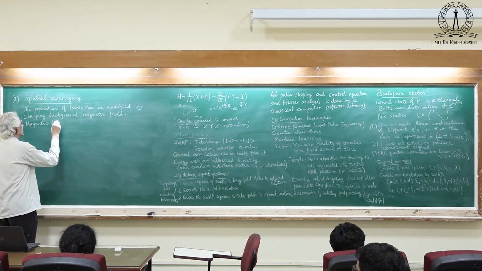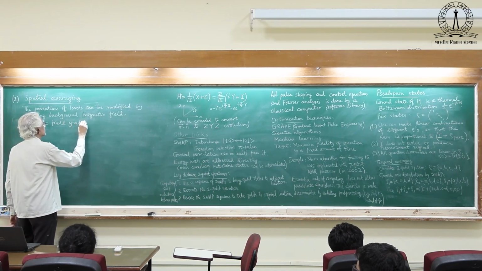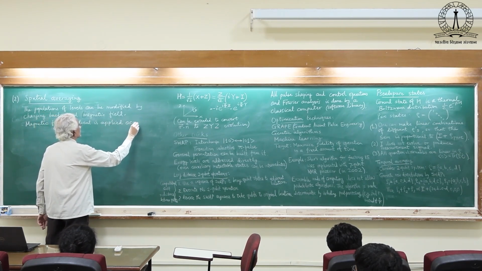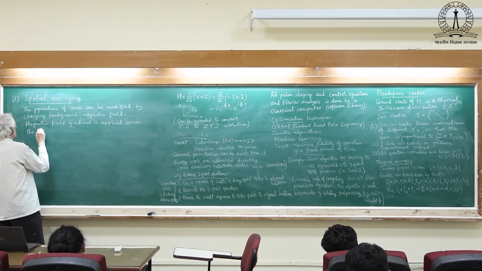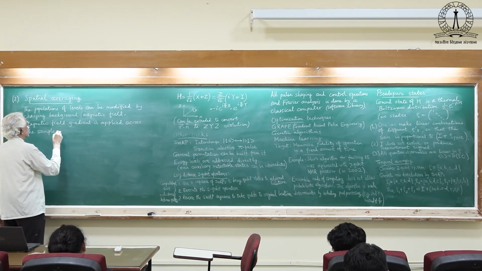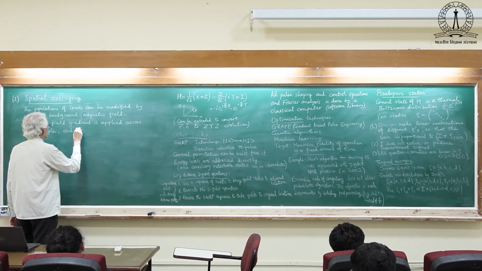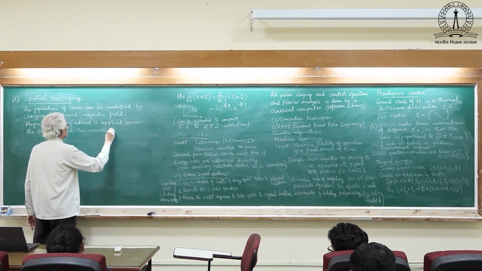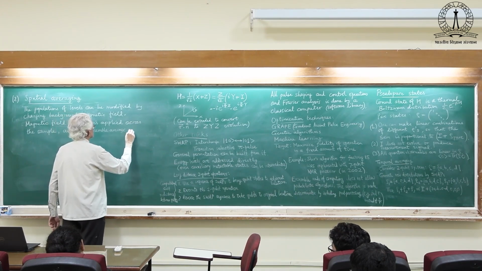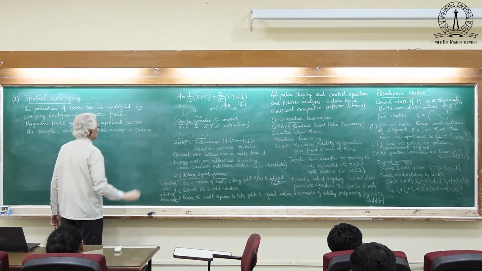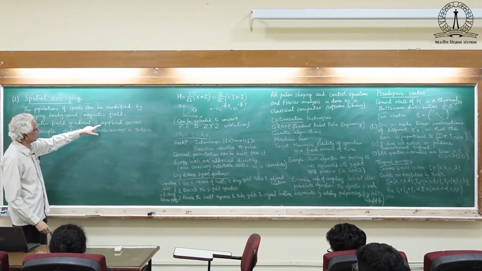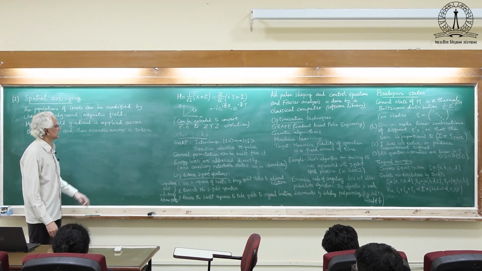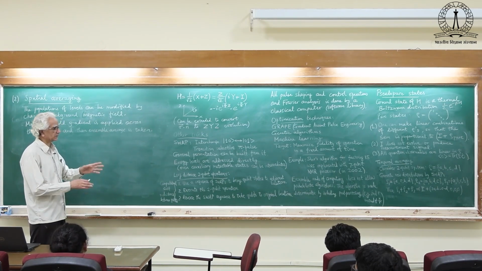So a magnetic field gradient is applied across the sample, and here you have to design this magnetic field gradient depending on the terms in the Hamiltonian such that various possibilities come from different regions.